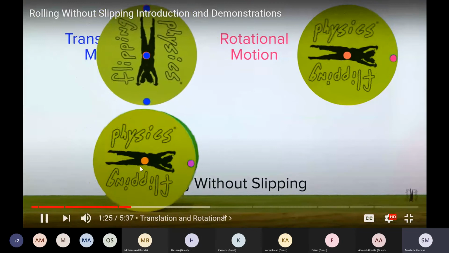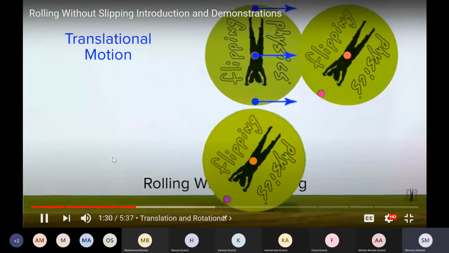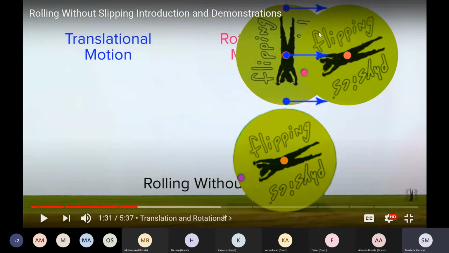As you can see, every part of the object in pure translational motion has the same velocity to the right. So if the same object is moving without rolling, without rotation, all particles will have the same velocity. In the rotational motion, we can find the velocity depending on the relation v = ωr.